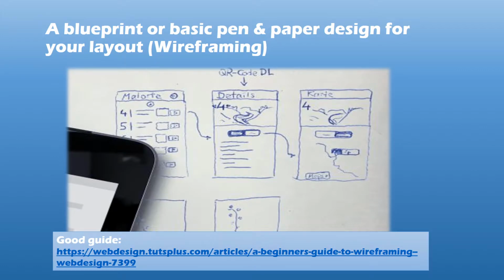This is basically a blueprint, or a basic pen and paper design for your layout. We call it wireframing. Let's say we're going to design a website; once we know that, we need some basic sketches, right? You can't just directly start making something before planning.